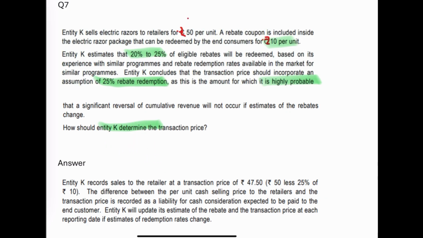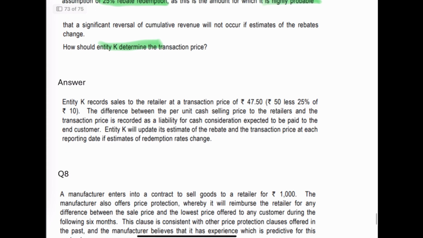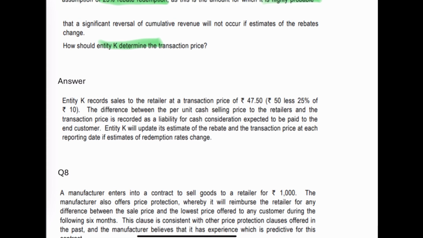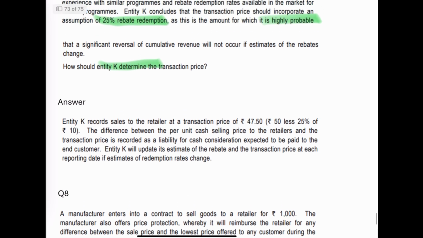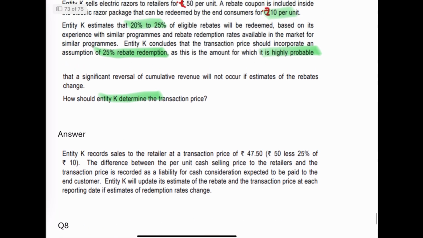So it's clear that your transaction price is 40 per unit, and 25% of the customers will encash their discount. Which means 25% of 10 comes to 2.5 rupees.